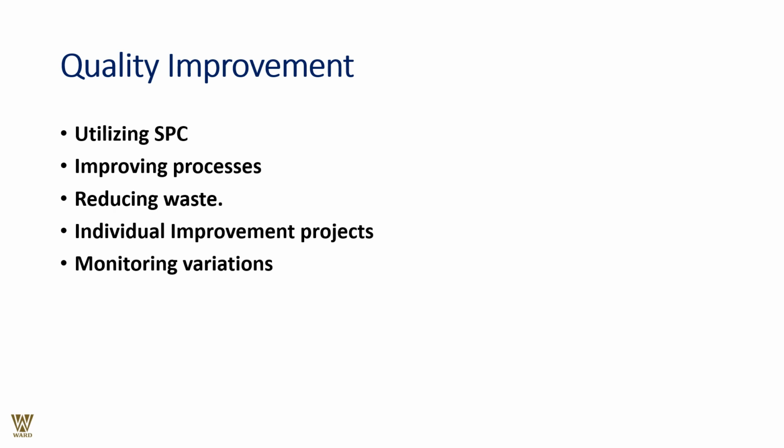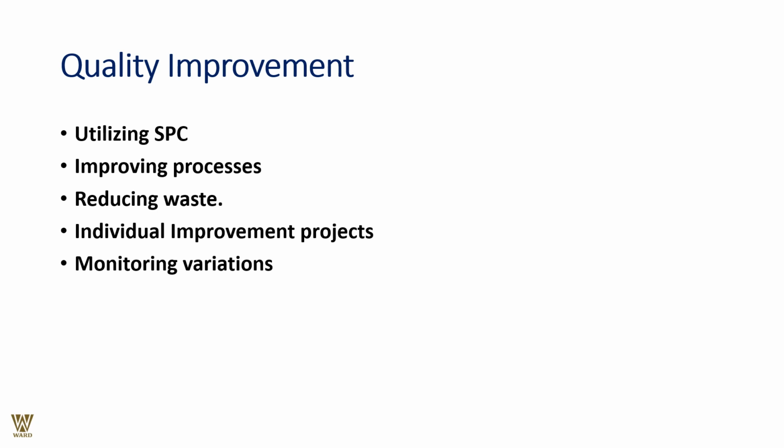Quality improvement is all about utilizing statistical process control, as the case might be, improvising processes, reducing waste, individual improvement projects, as the case might be, and monitoring variation. Whatever variation comes around, we need to look into it.